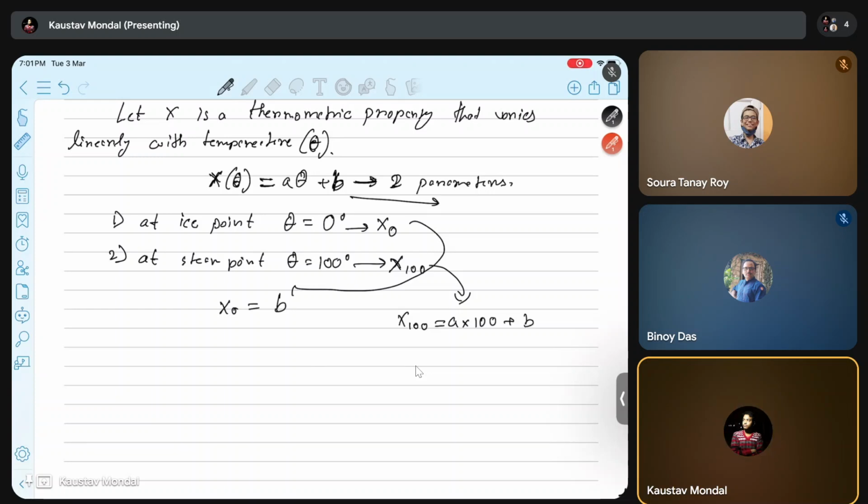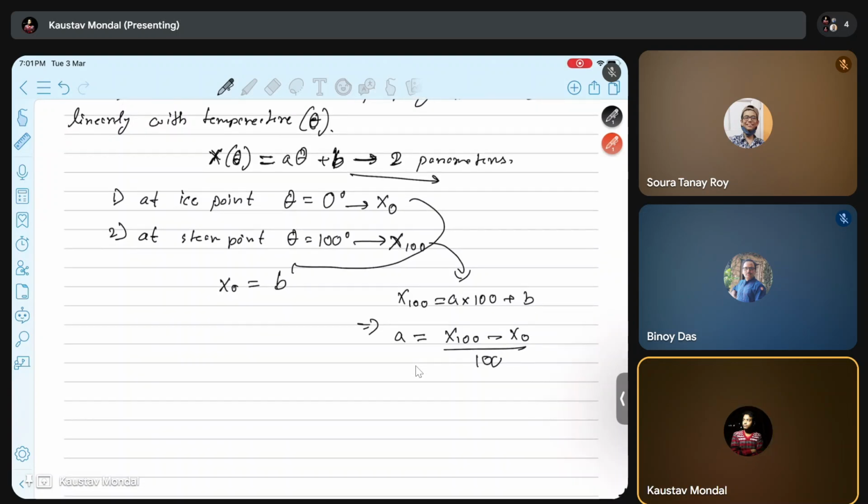So you can write a as (x100 minus b) by 100, and we know b is x0, so a is (x100 minus x0) by 100. Now from this equation you can write theta as a function of x equal to (x minus b) by a.